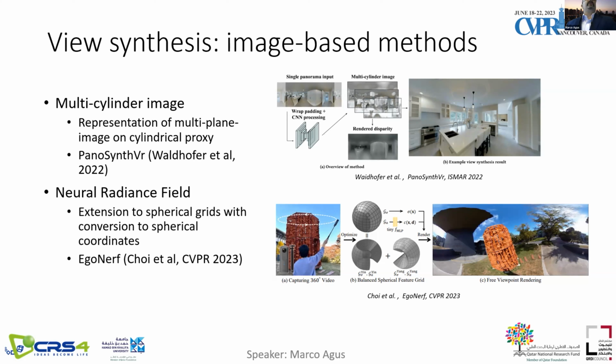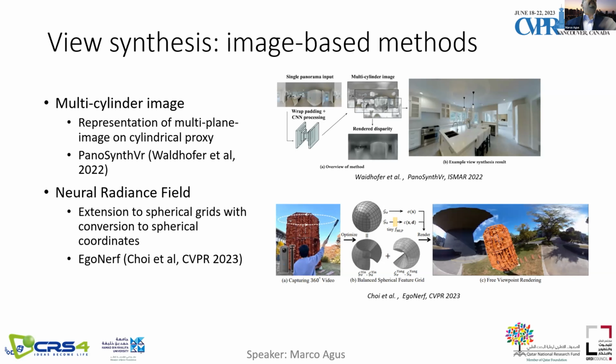And then, of course, this year there seems to be an explosion of neural radiance fields. Neural radiance fields were also explored for the exploration of indoor panoramic scenes. And here at this CVPR, you will see a method called HEG-on-F that extends the concept of neural radiance field to spherical grids with conversion to spherical coordinates.